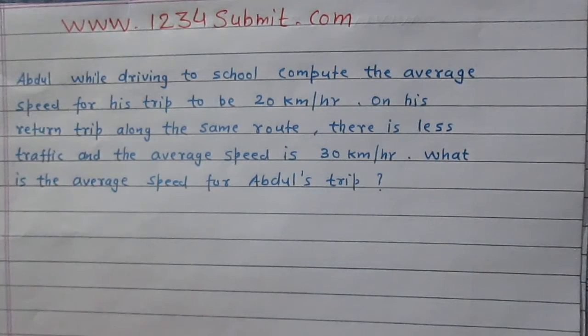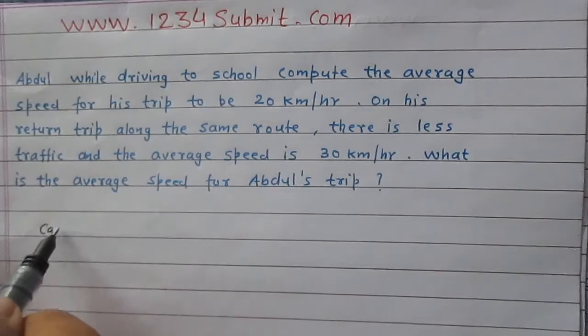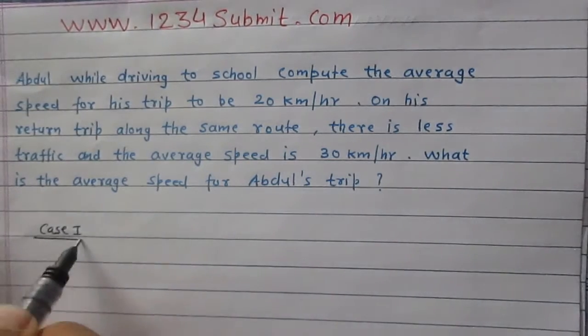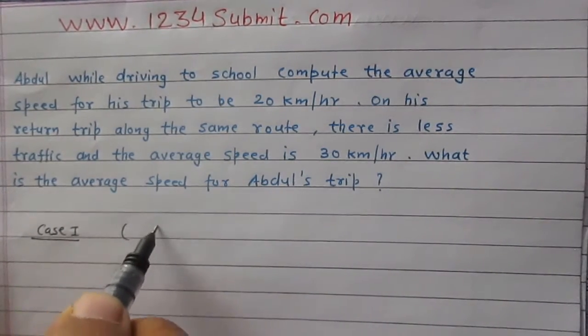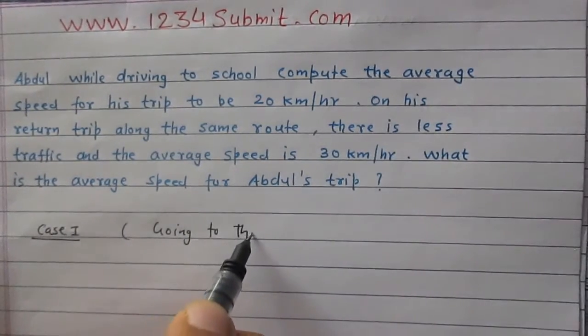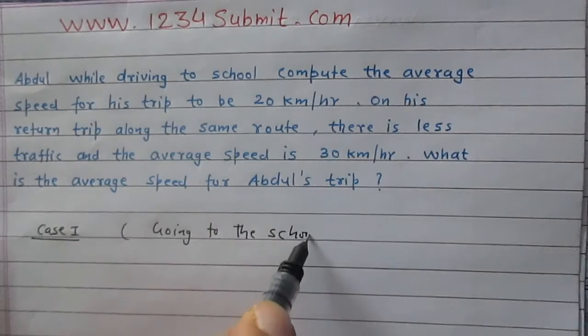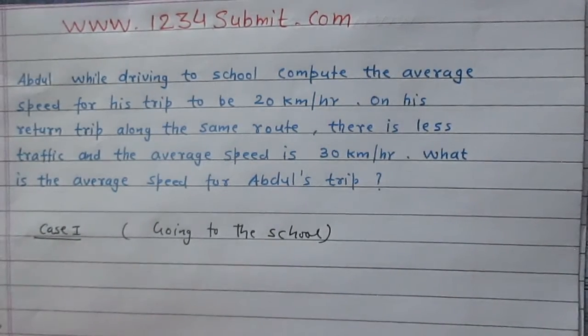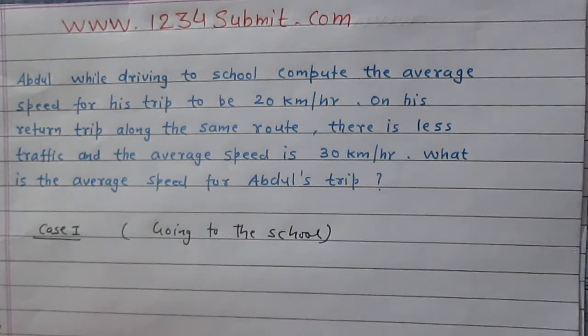We will divide this situation into two parts. The first situation is case 1. It is while going to the school. We are given only the average speed when Abdul goes to the school.